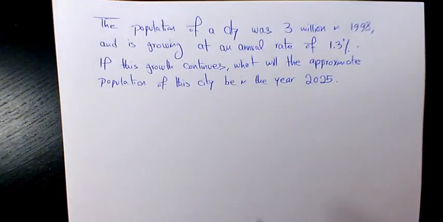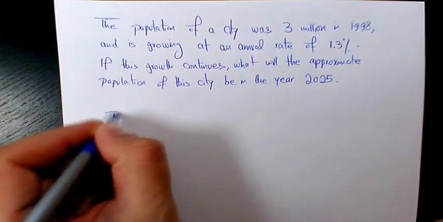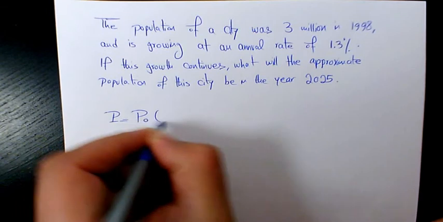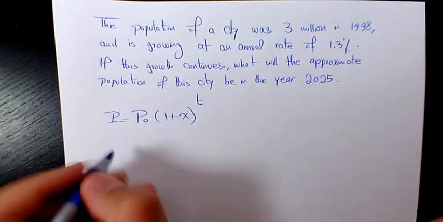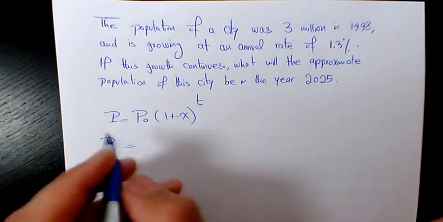In this example, it says the population of a city was 3 million in 1998 and is growing at the annual rate of 1.3%. If this growth continues, what will the approximate population of this city be in year 2025? So P equals P naught times 1 plus X to the power of T. So we need to find out the population in future.